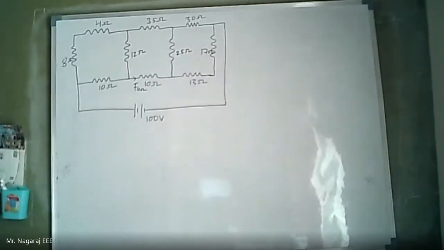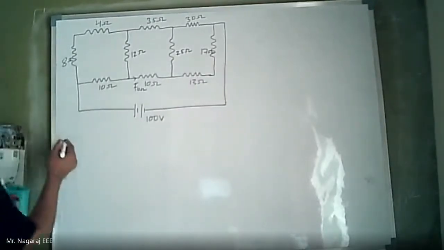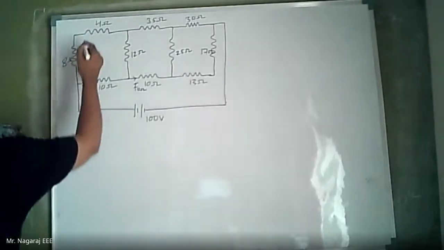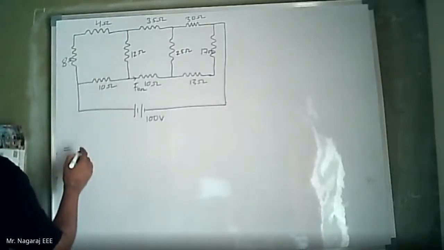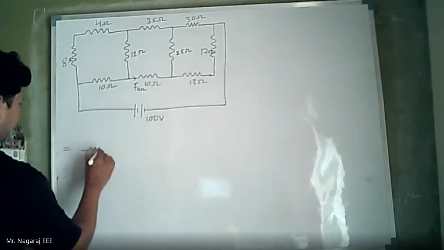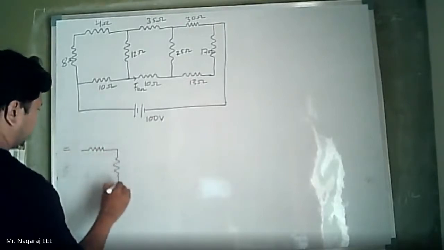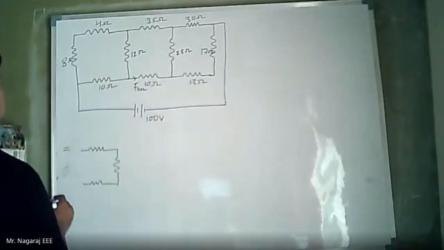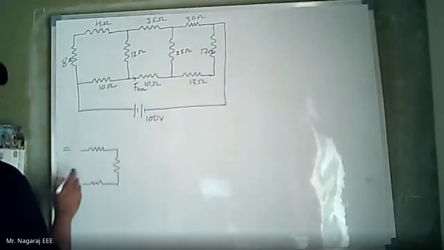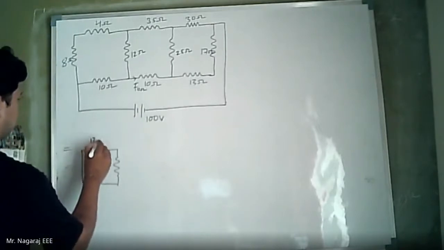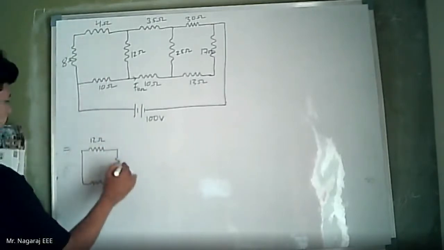So I can combine them and redraw the circuit. 8 plus 4 is 12 ohms.